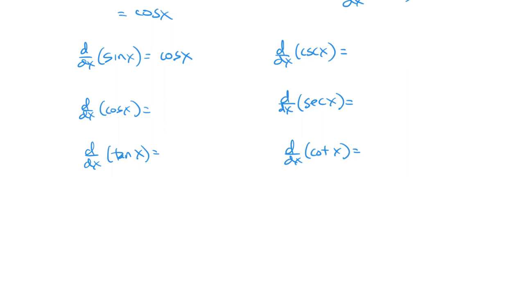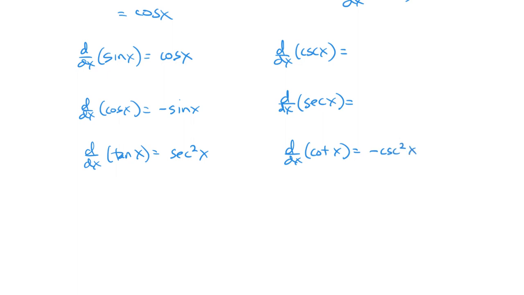Okay, so I'm just going to tell you these. The derivative of sine is cosine. The derivative of cosine turns out to be negative sine of x. The derivative of tangent is secant squared of x. The derivative of cotangent is similar, but it is going to be negative cosecant squared of x.